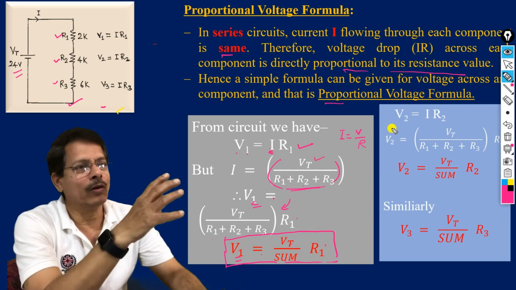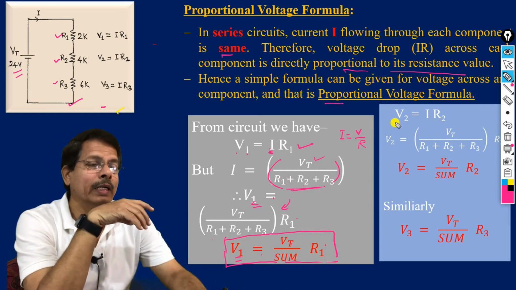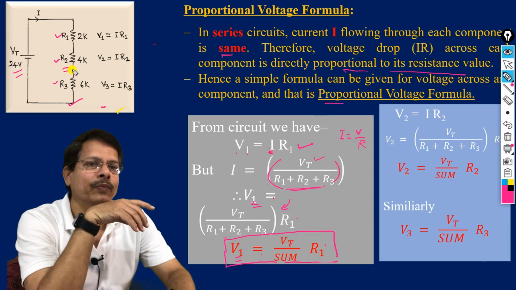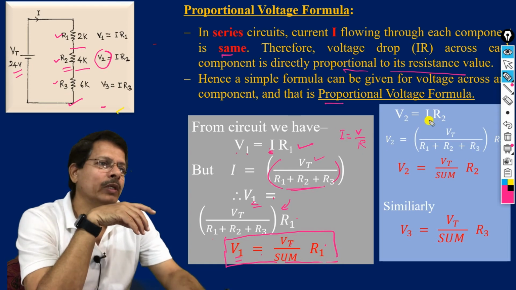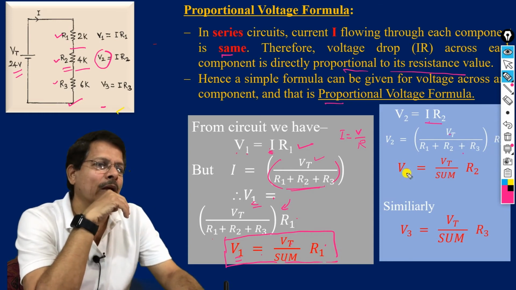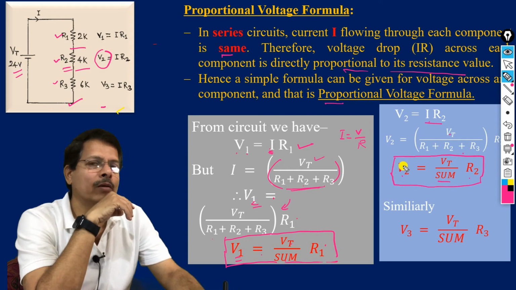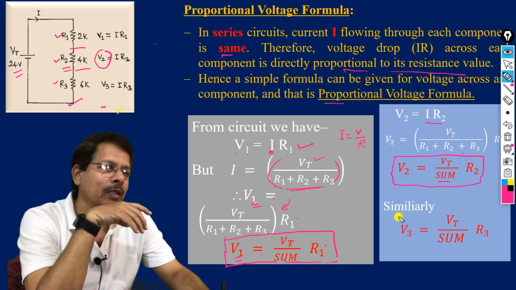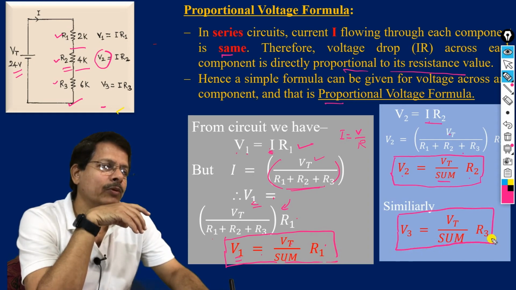Similarly, if you try to find the voltage across the second resistance, that is this one, we want to see V2, then V2 is IR2, I is VT upon total resistance, into R2. There is R2 here, and therefore V2 equal to Vt upon sum of resistors, into R2. See, we have this formula for voltage across R2, and similarly you will get V3 equal to Vt upon sum, into R3.